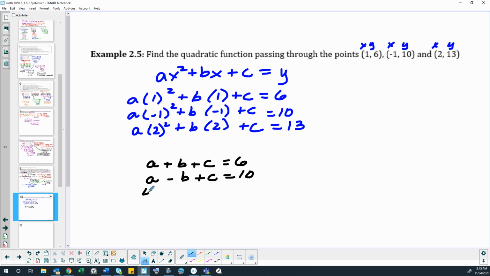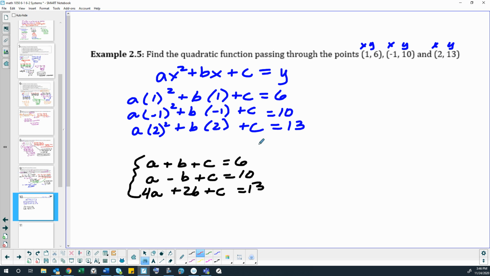And then our last one here is 4a plus 2b plus c equals 13. Voila, we have a system of 3 equations and 3 unknowns. We solve for a, b, and c, and we know our quadratic function here, right?